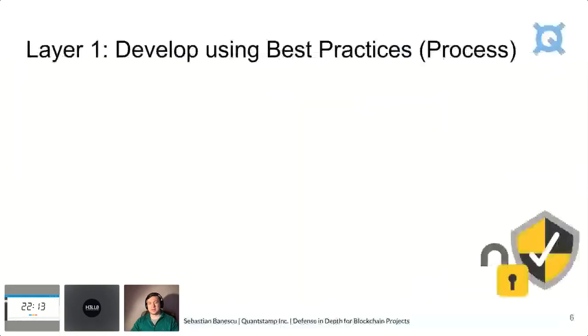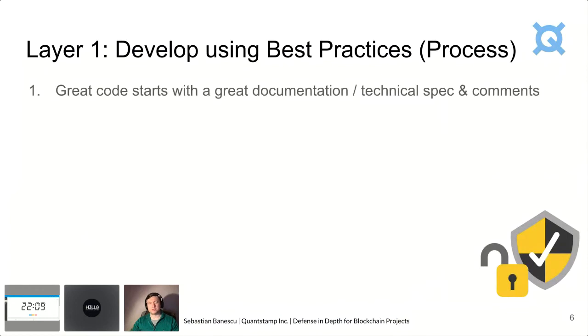So on this slide, we're going to talk about the process. How do you use best practices for your process? There's another interesting saying in software engineering that great code starts with great documentation or a great technical spec and code comments.